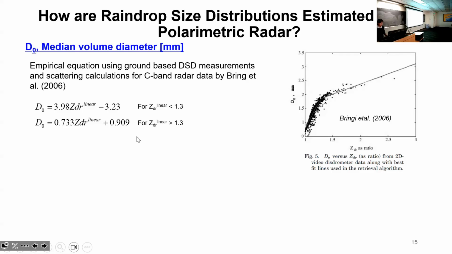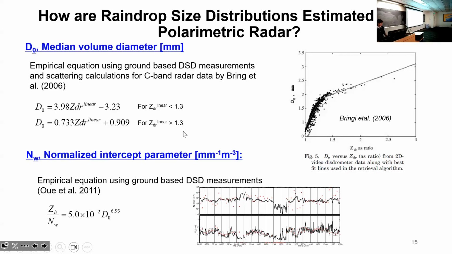And then we can get the relationships like this for smaller ZDR and larger ZDR. And NW, the normalized intercept parameter, can also be estimated using these relationships. These relationships were evaluated well using the ground-based measurement in my previous study.